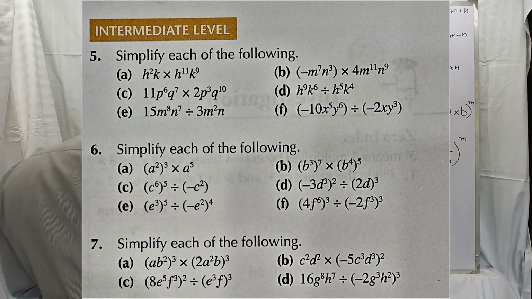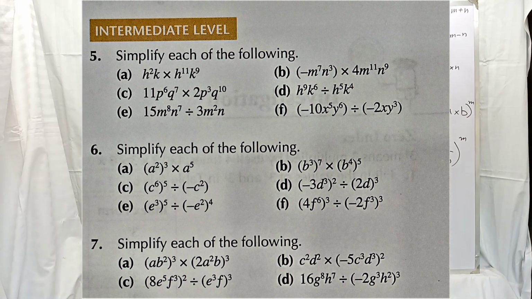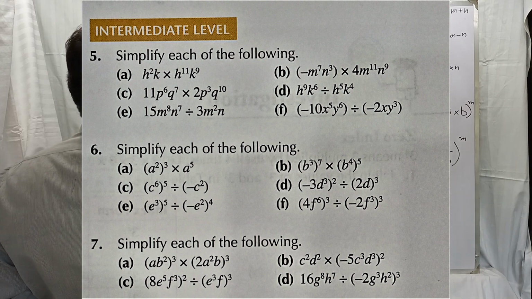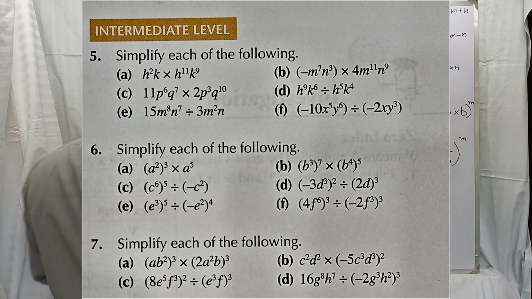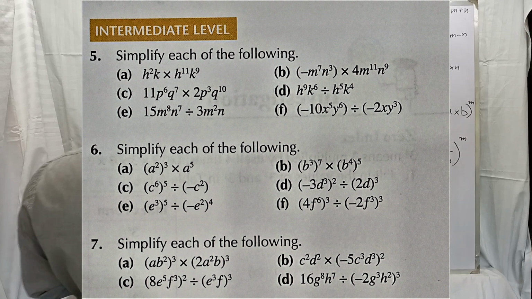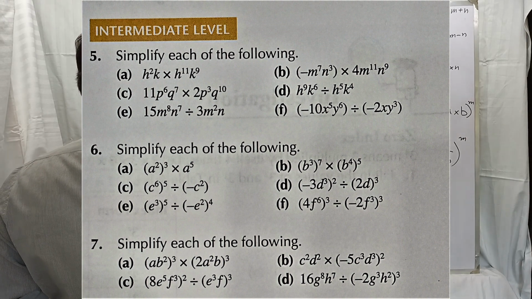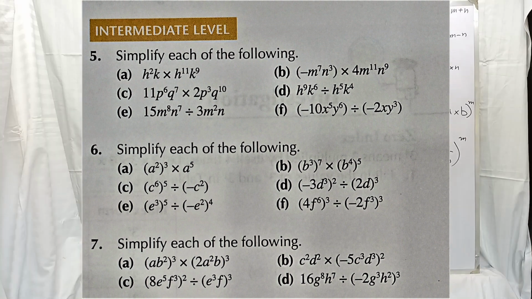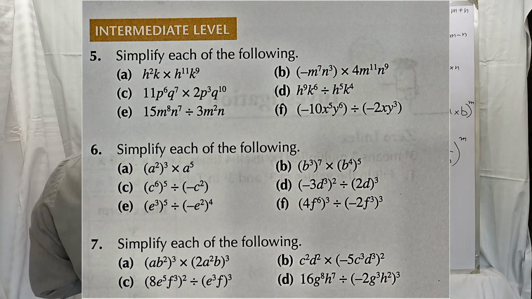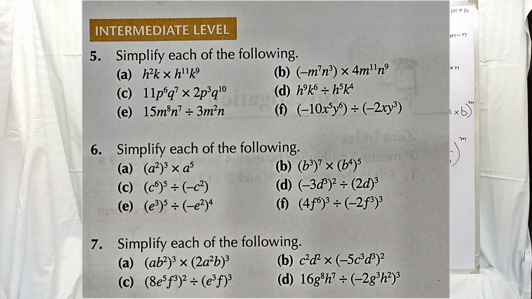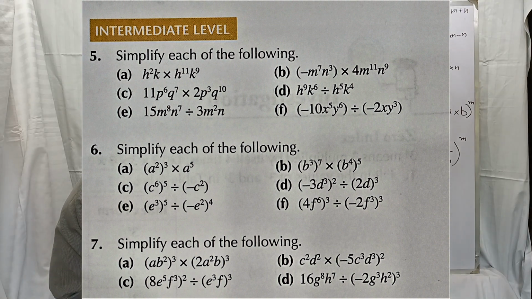Its part D says 16 g to the power 8 h to the power 7 divided by minus 2 g cube h square whole cube.